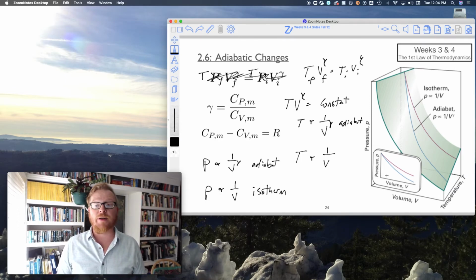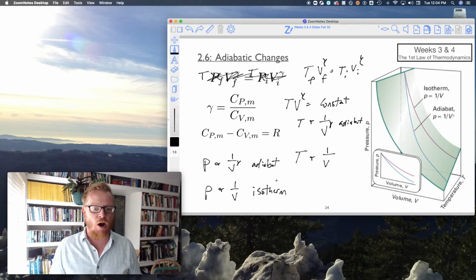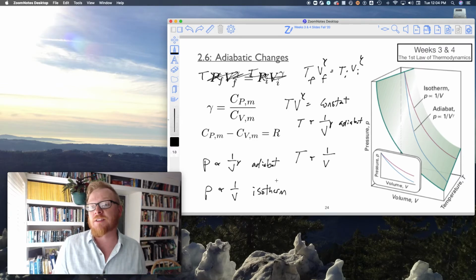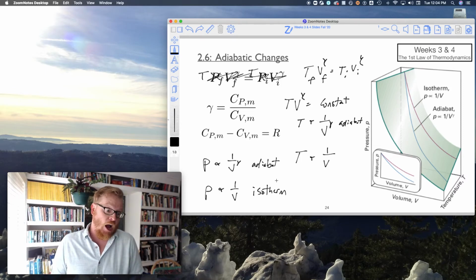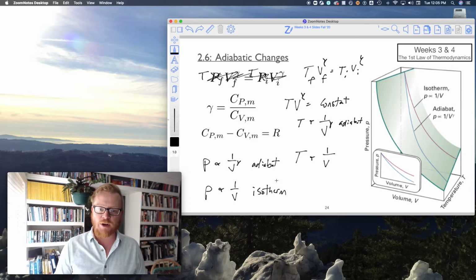Depending on whether it's a monatomic gas, linear molecule, or nonlinear molecule, the adiabat may fall off even steeper depending on what this fraction gamma is. Sorry this was confusing with the P's, T's and V's. It's just like using our gas laws the same way we did before. If we can fix one, we can talk about the relationships of the others. But it's important to note adiabats cannot be isothermal. You notice on this three-dimensional graph, it is changing temperature.